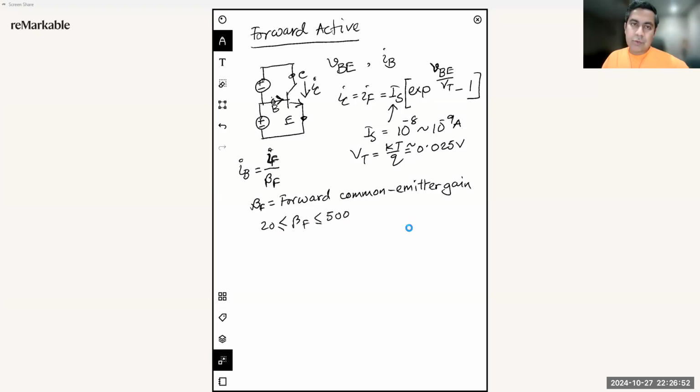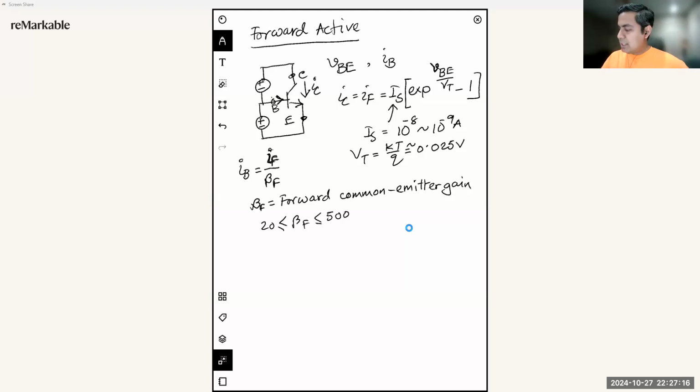Usually we see 100 to 200 or 100 to 300. That's the ideal scenario of a BJT, where you will see the beta F, or forward common emitter gain, on the order of 100 to 300, or maybe a little bit lower than 100 and a little bit higher than 300, but in between those numbers.